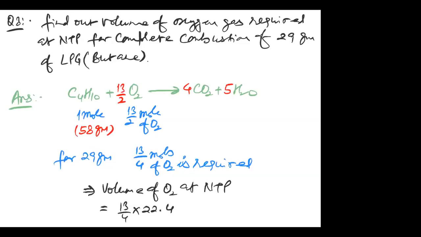We already know the volume occupied by 1 mole of gas at NTP is 22.4 liter. The same calculation we did in the last lecture also. So it is 13 divided by 4 multiplied by 22.4, and it comes out to be 72.8.